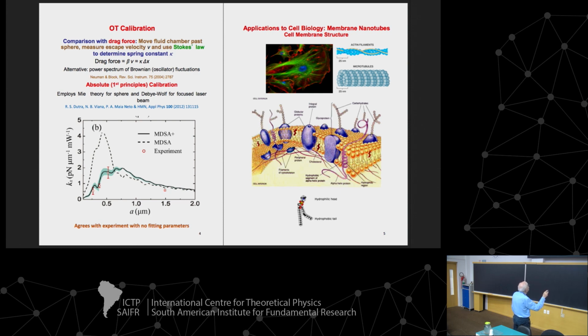If you have the microsphere traveling through a fluid, and whatever you do with cells, they are immersed in a fluid chamber, then by viscosity, it will have a viscous force, and you can equally well in the microscope move the chamber past the sphere, and then you measure the escape velocity when the sphere is no longer able to stay in the beam and gets out.